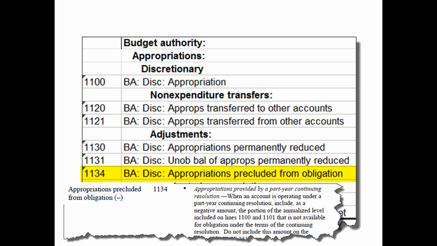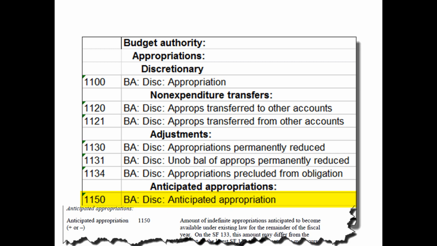For example, if a CR is for only 1 quarter, then the approximately 75% that's not available would appear on line 1134 as a negative amount. This is the appropriate way to represent the annualized amount and the amount available under the CR on an apportionment.